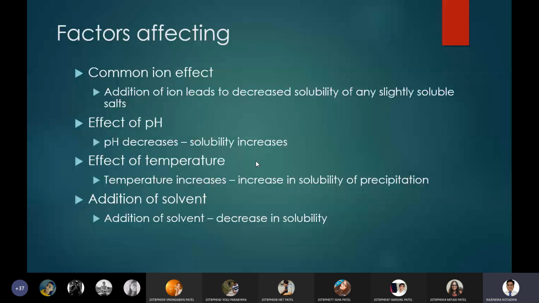It is a phenomenon in which, when we add an ion which is common to the two solutes, it causes precipitation and reduces the ionization.